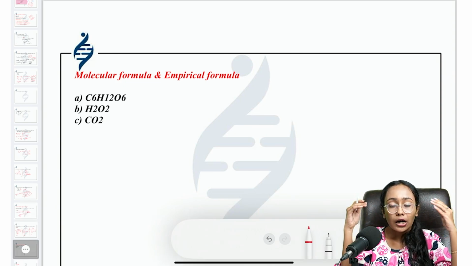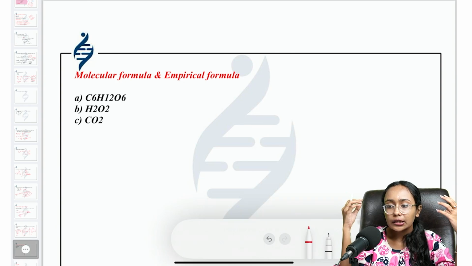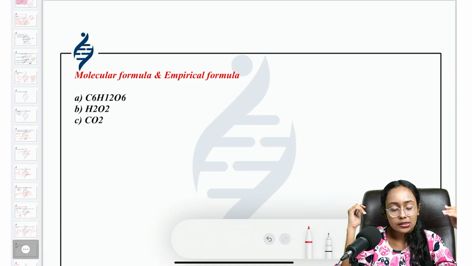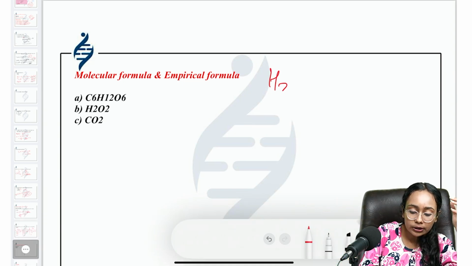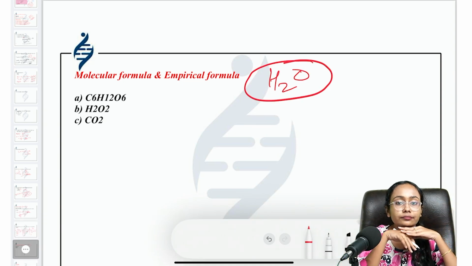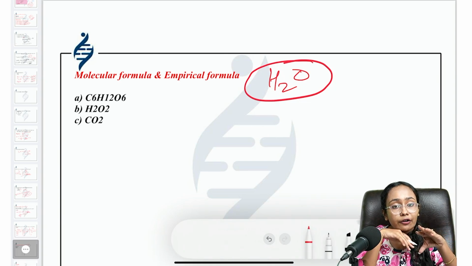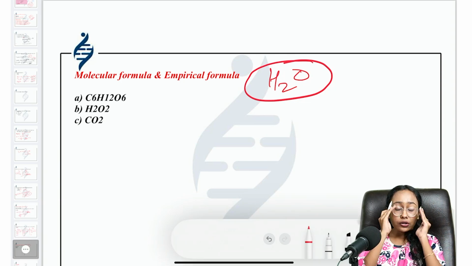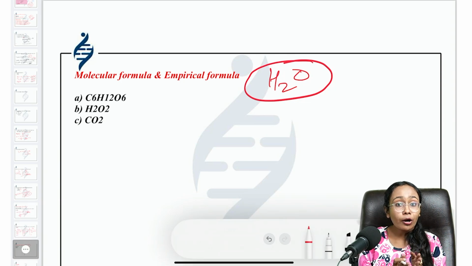Molecular formula means a formula that gives you the atoms present in a substance, also the number of atoms of that substance. For example, I'm taking water, H2O. H2O is the molecular formula of water.